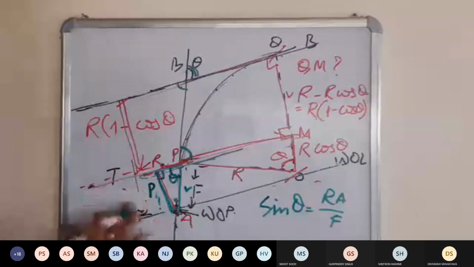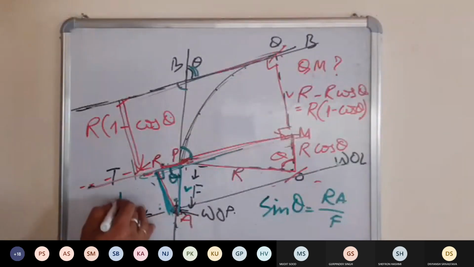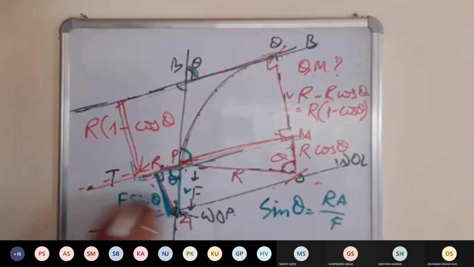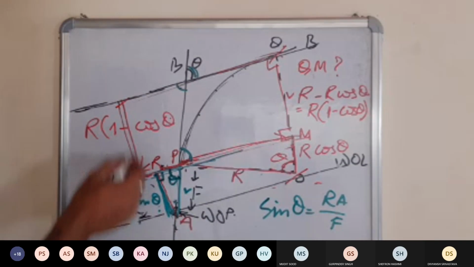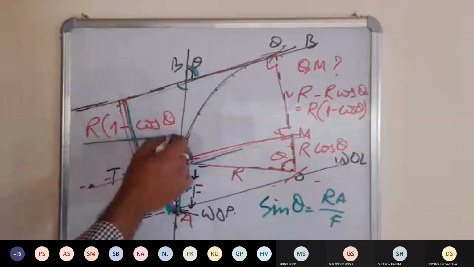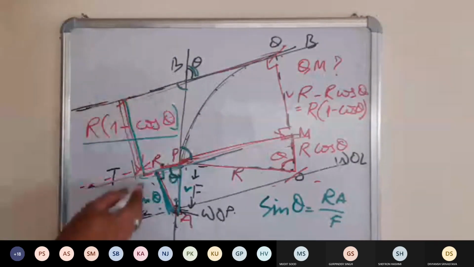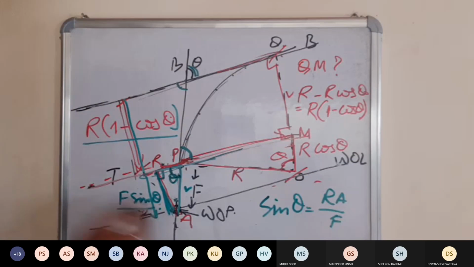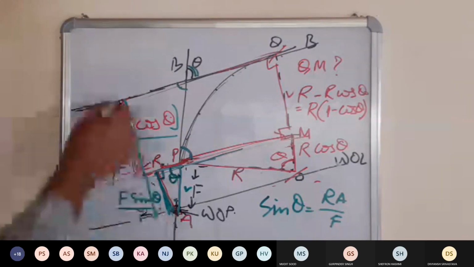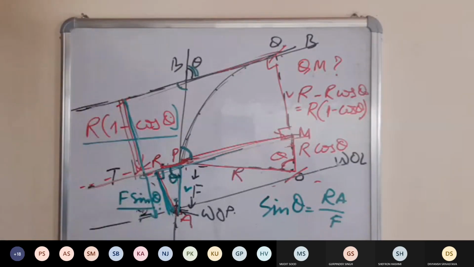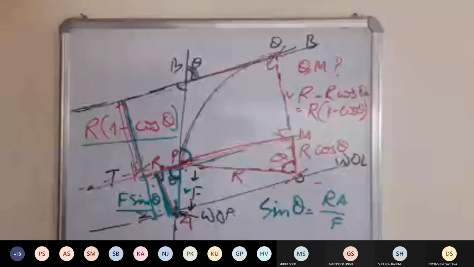Yes, sir. That means this distance is F sin theta. So यहाँ से यहाँ तक R into 1 minus cos theta और यहाँ से यहाँ तक F sin theta. So total distance कितना हो गया? This plus this. हो गया या नहीं? Yes, sir.